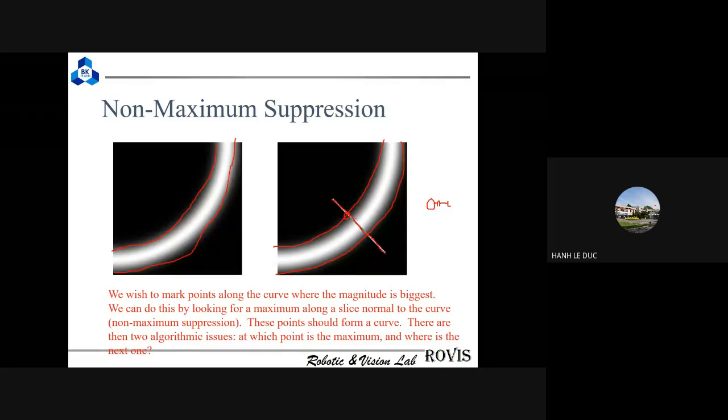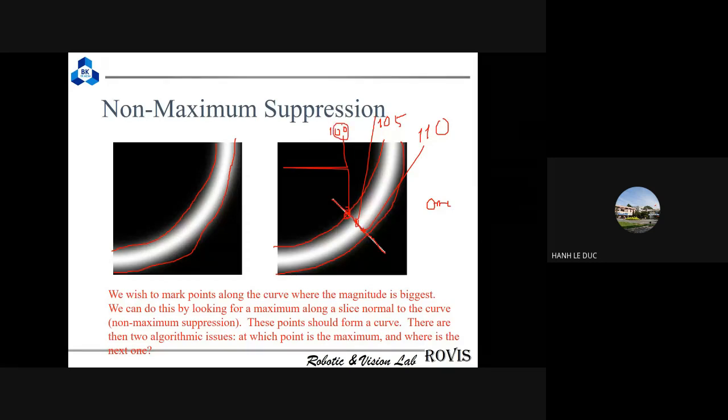they will choose 3 neighbors of this point. For example, this one has magnitude 100, this one has magnitude 105, and this one has magnitude 110. So they will choose 110 and let the remaining become 0.